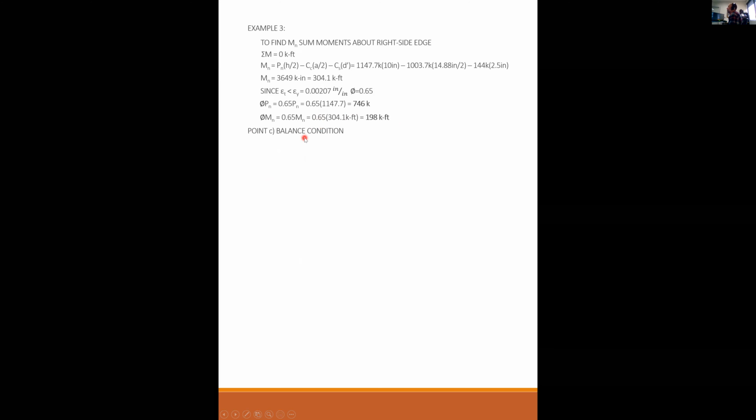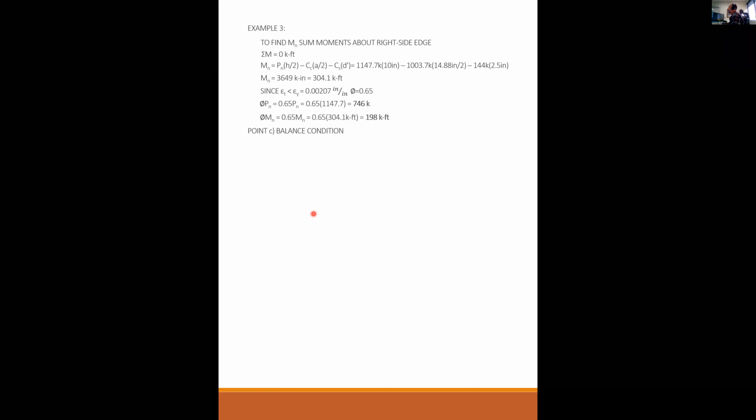Point C is the balance condition. What's our definition of the balance condition? What does that mean to us? It means that as the concrete crushes at 0.003, the tensile steel, or the steel the furthest away from the concrete crushing, is just at yield.